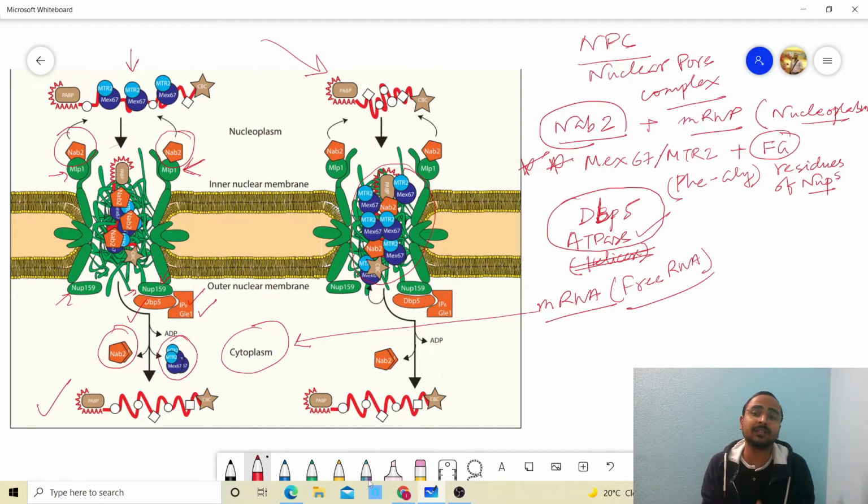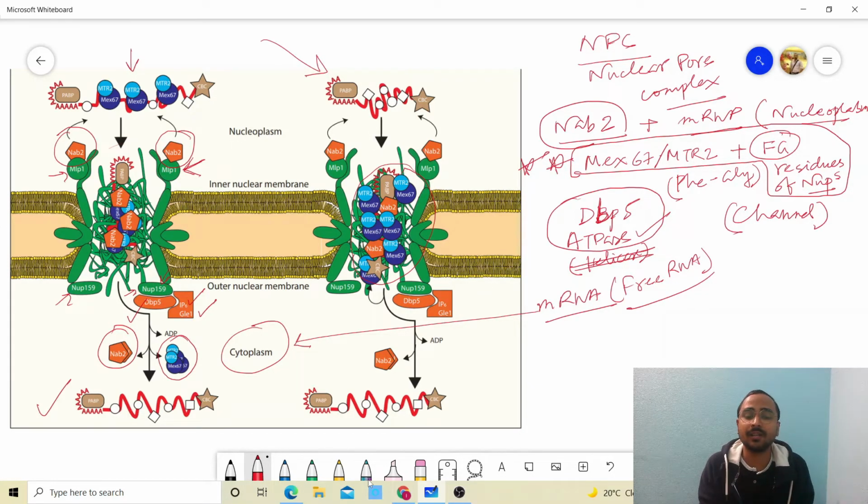Also, MEC67 MTR2 and FG residue binding is very important for this transport mechanism, because the MEC67 MTR2-containing mRNP gets passed through the NPC channel. Nuclear pore complex forms a channel, a tube through which this mRNP will be transported from nucleoplasm to cytoplasm. Okay, so this is the concept.